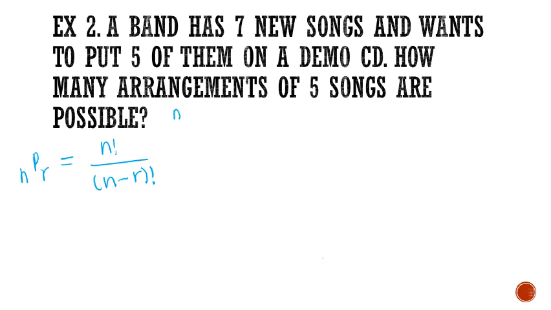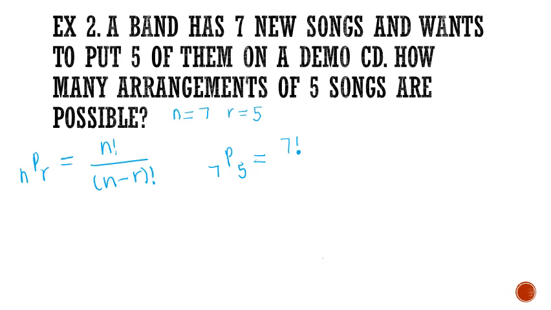So in this case, n equals 7, and then r is the number of items you're arranging. So that would be 5. Okay, and we call this, so this would be 7 permutation 5, and we're going to rewrite that as 7 factorial.